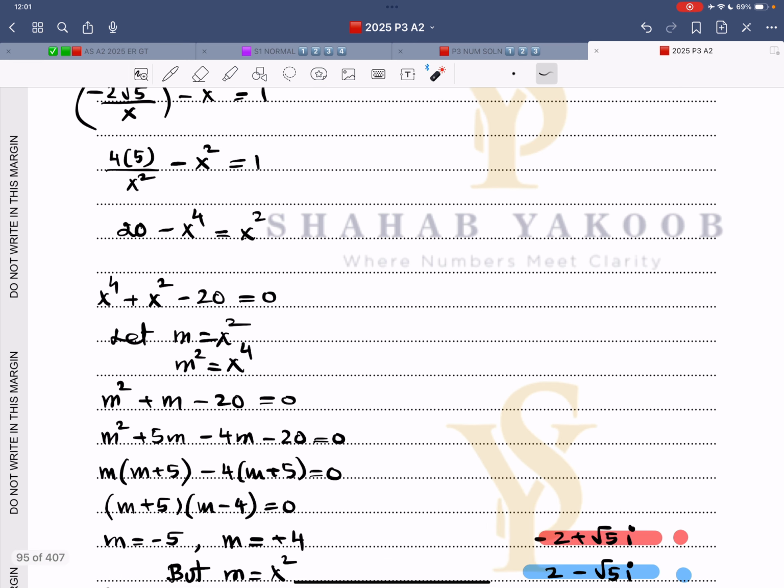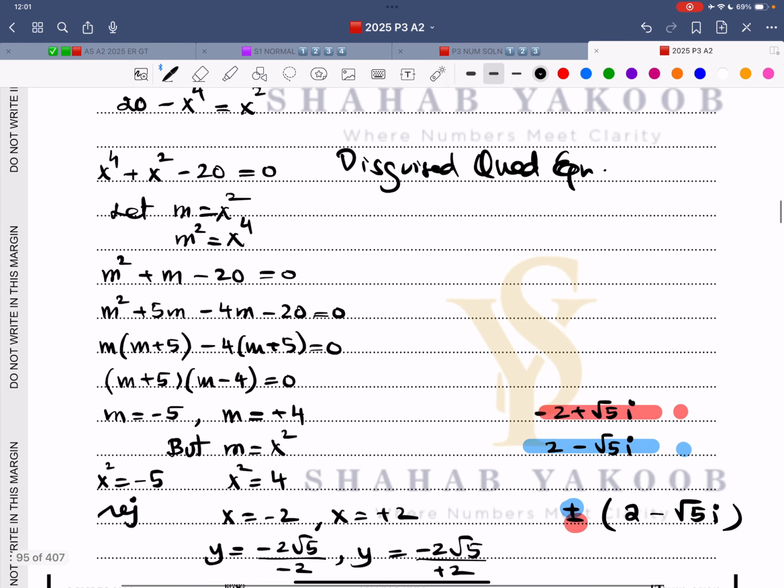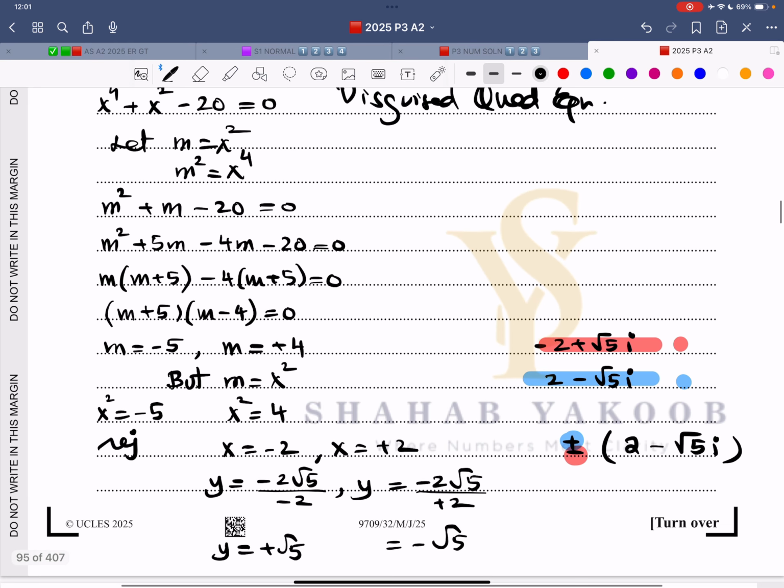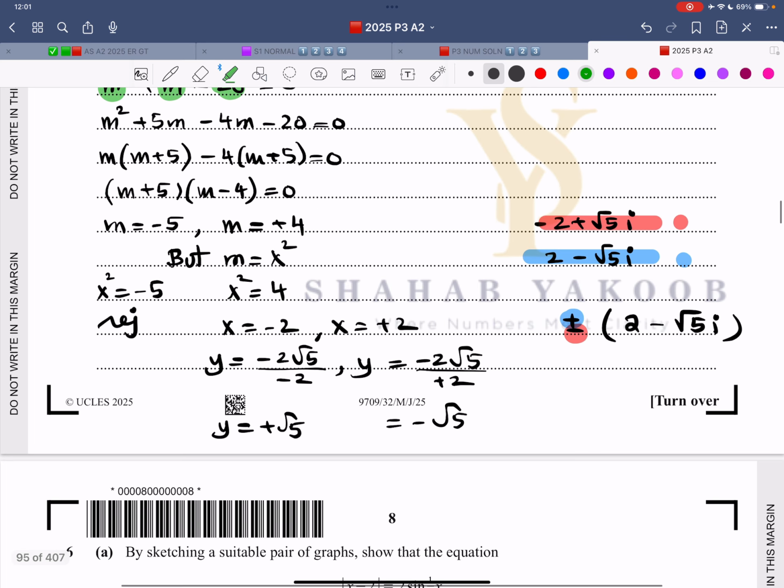Now look at the difference between the two workings. Over there, I first made m the subject right over here. Over here, I first made it a disguised quadratic equation, and once it's a disguised quadratic equation, then I wrote let m equal x square. So this is m square plus m minus 20.